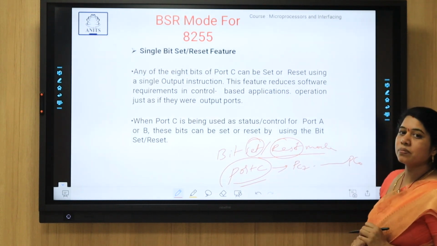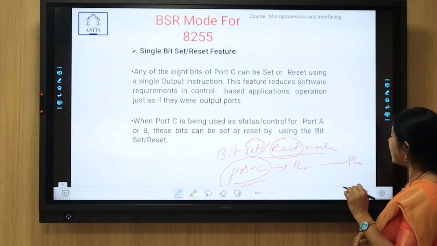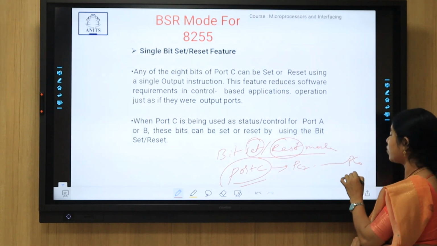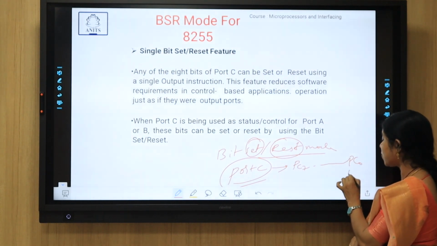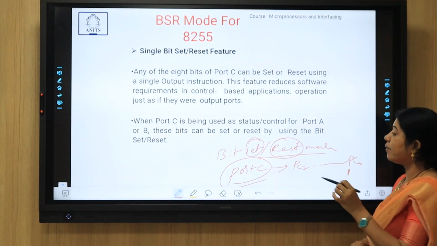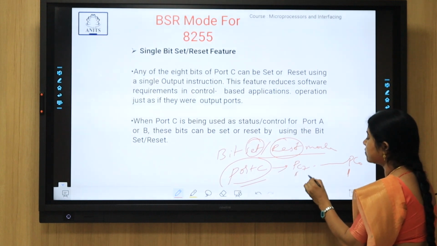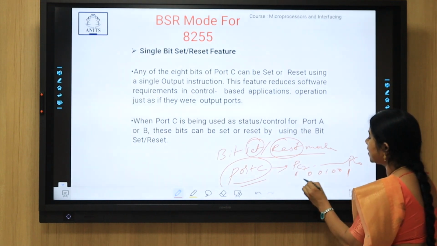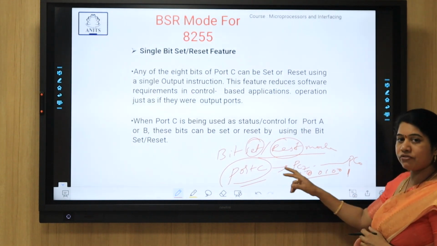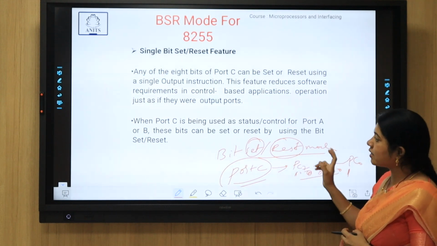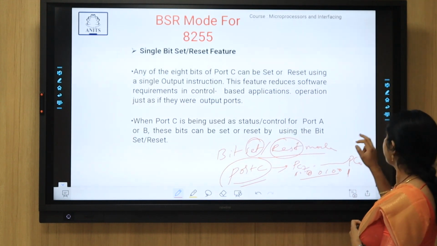So through this mode of operation, we can set or reset them. For example, if you want to set PC0 as 1, we have to go through this control word of 8255, addressing the individual bits. Similarly, if you want to reset particular bits of port C, that can be done through this BSR mode.